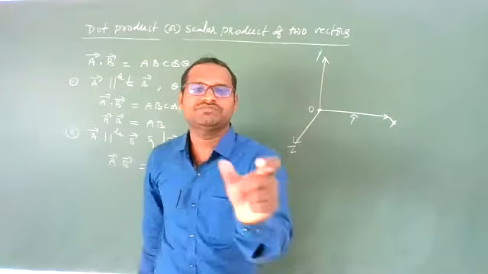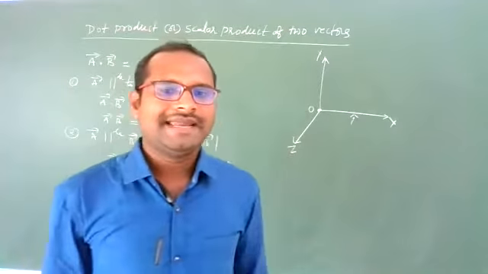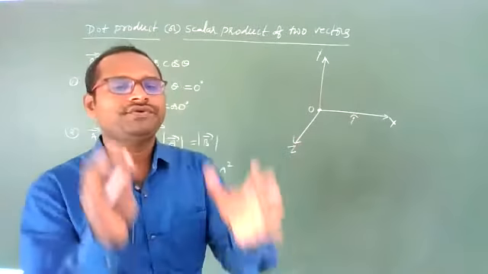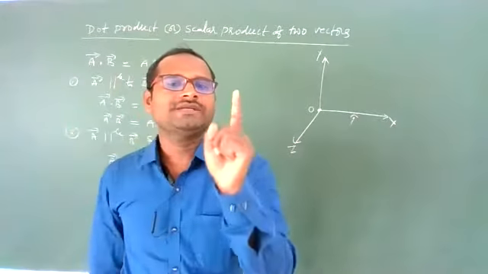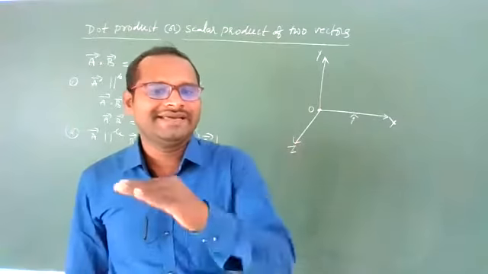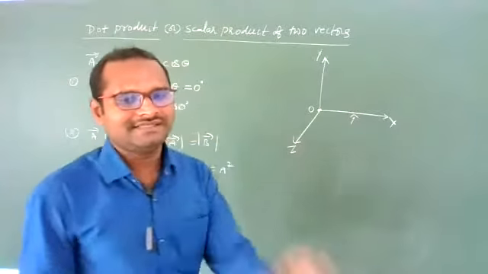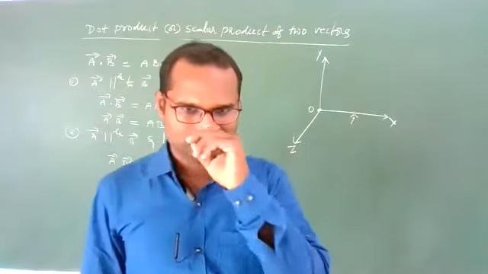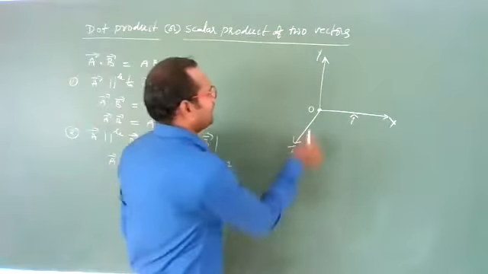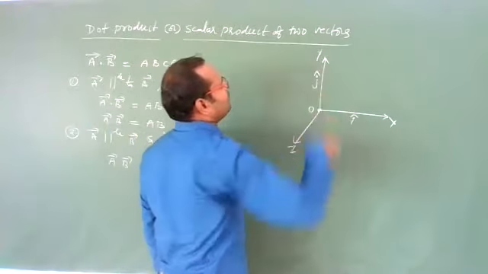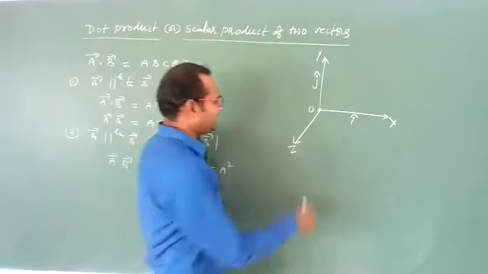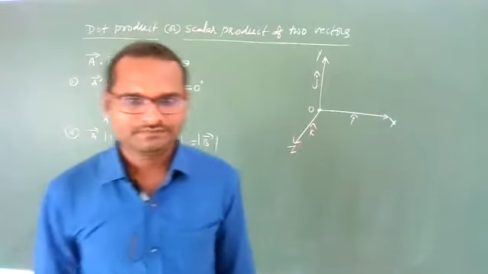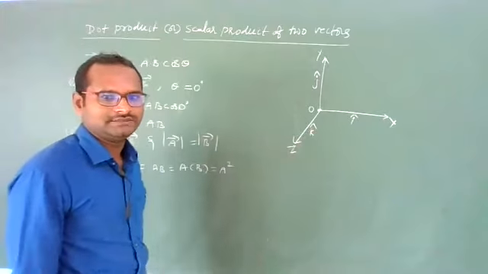The cap indicates that its magnitude is 1, and I indicates that the vector is along the X axis. So a vector whose magnitude is 1 and whose direction is along the X axis is I cap. J cap will be along the Y axis, and K cap will be along the Z axis. Remember these points.